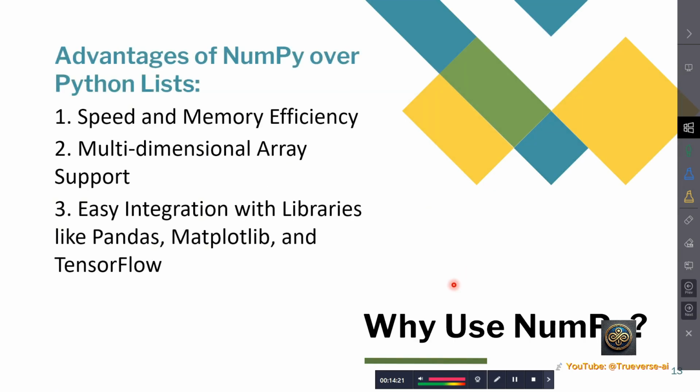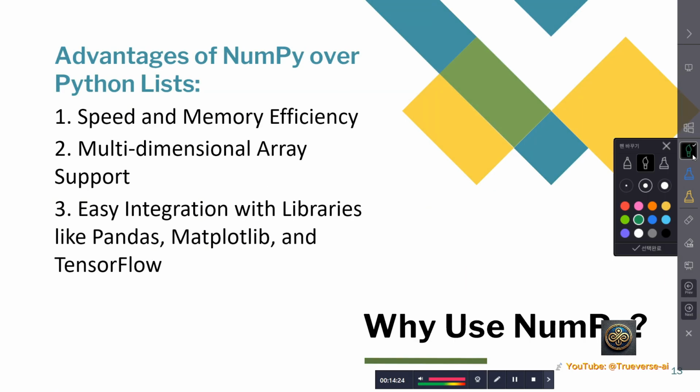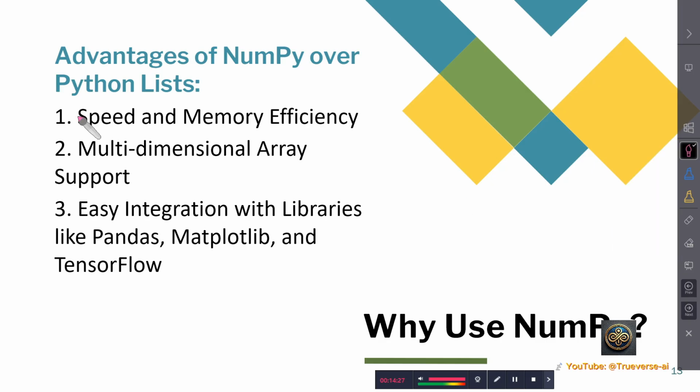So the main advantages of NumPy, we could say, are speed and memory efficiency. Easy multi-dimensional array support. In a list, we cannot easily multiply two lists together, but in NumPy it is possible. Easy integration with other libraries like Pandas and TensorFlow. So this is good, and that's why we started with NumPy first.